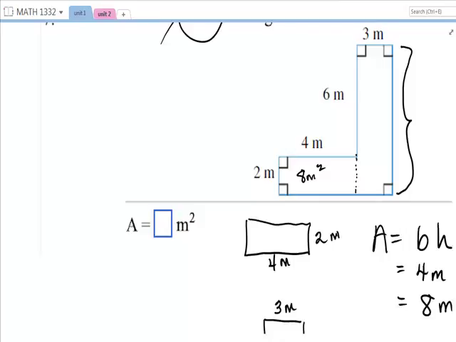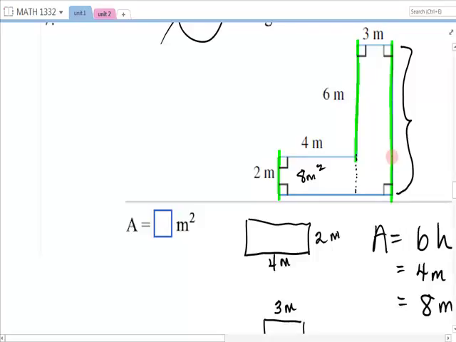Okay, I do. Do you agree that this is made up of this distance, which is 6, and this distance, which is 2? And so what I usually do when I don't know the length on a shape is I compress. And it turns out that this lines up over here and this lines up over here.